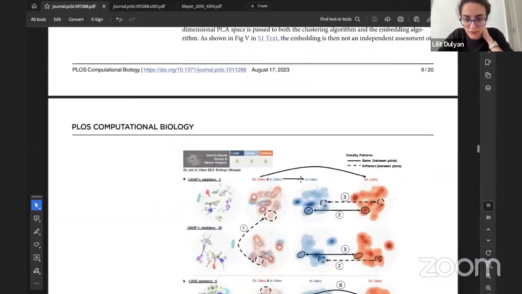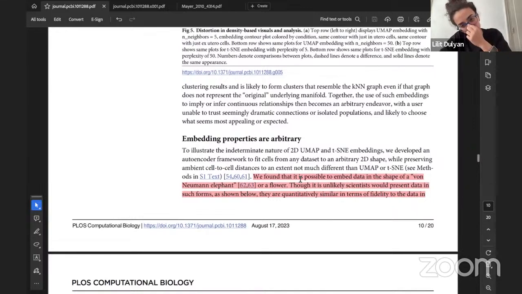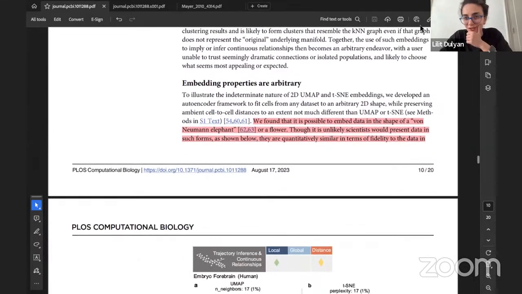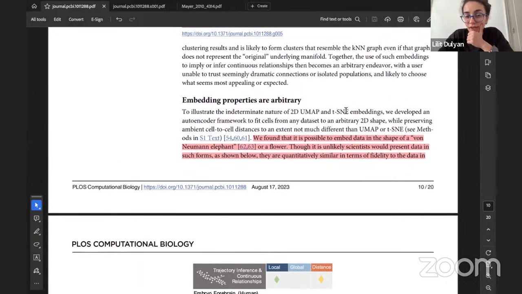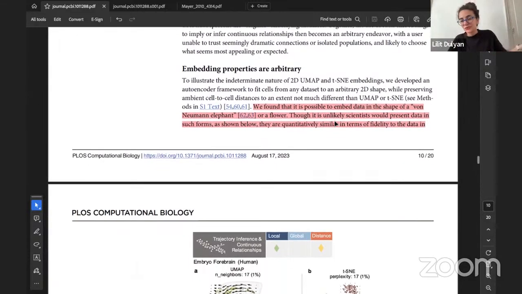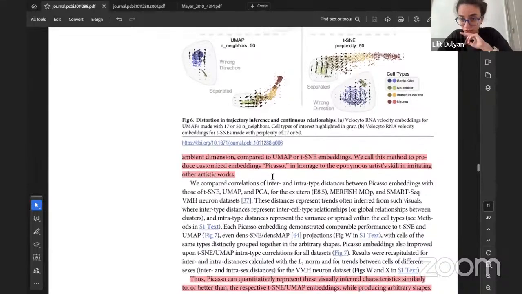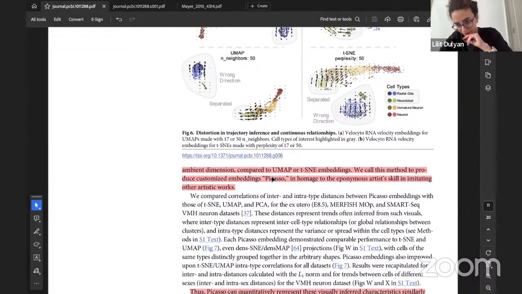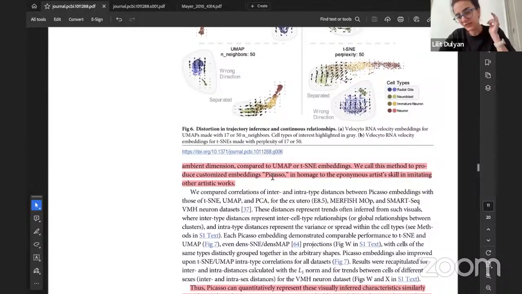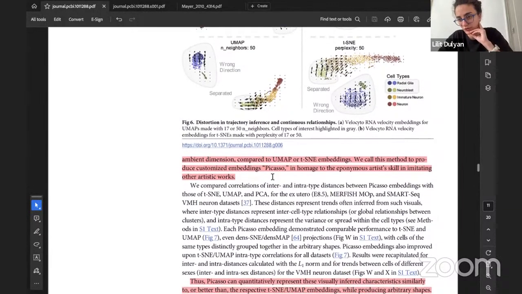Yeah, and maybe the last thing, and I think this is really puzzling, okay? They are trying to show that embedding is very arbitrary. And what they did, they created a new embedding technique. It's a joke example. They created a new embedding technique called Picasso, okay? That method is trying to mimic qualitatively the well-established dimensionality reduction techniques.